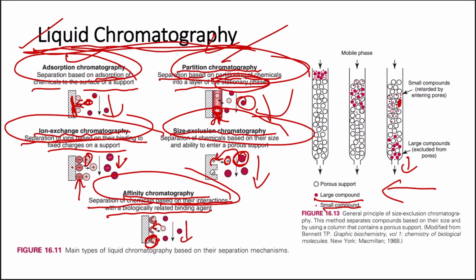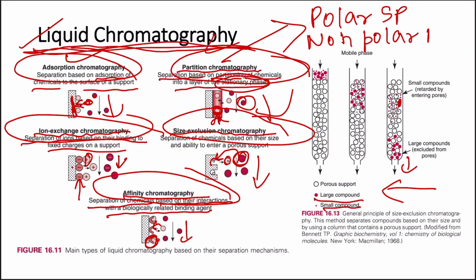Partition chromatography is further divided into two types, that is, reverse phase chromatography and normal phase chromatography. In normal phase chromatography, as I've already mentioned, we have a polar stationary phase and a non-polar mobile phase. Whereas in reversed phase partition chromatography, we have a non-polar stationary phase and a polar mobile phase.